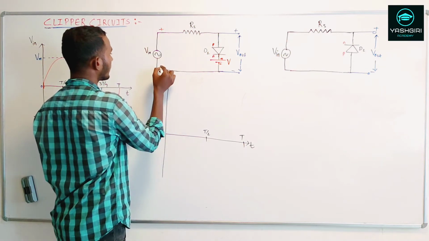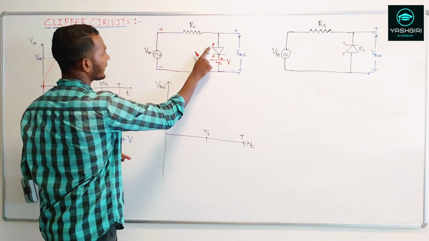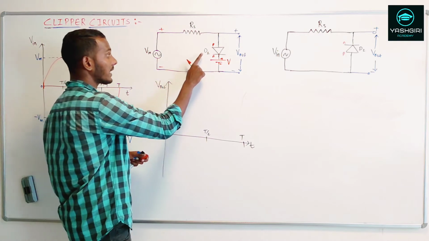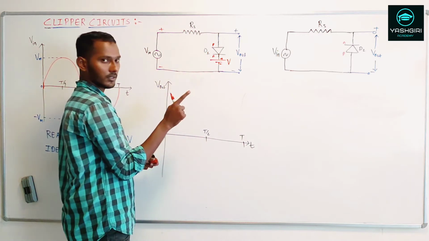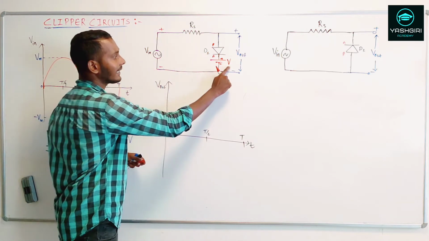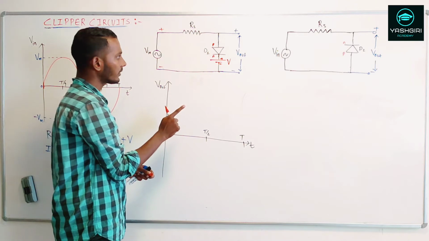This plus is connected to the P side, so there are chances of getting diode D1 forward biased. But only when V in is greater than the barrier potential will diode D1 be in the on state.